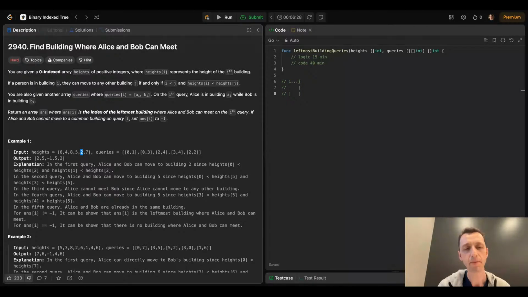So Bob can only move to that one, but Alice cannot move. So that's the problem. And so on, 3 and 4.